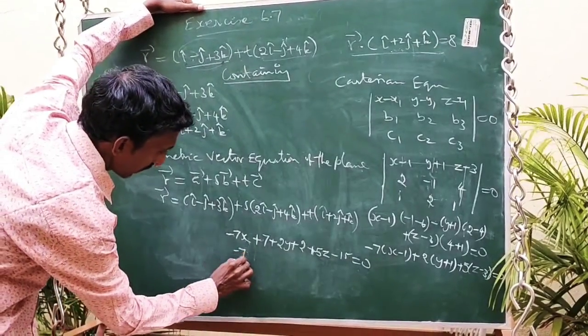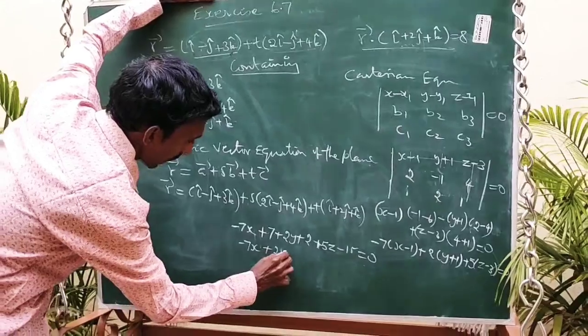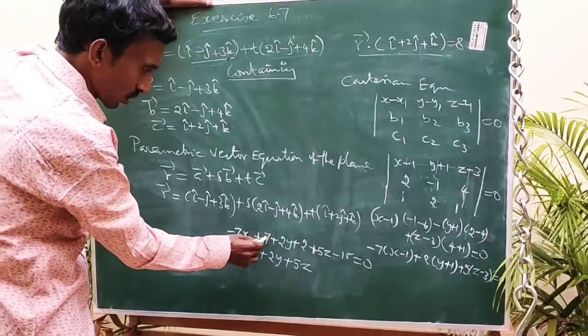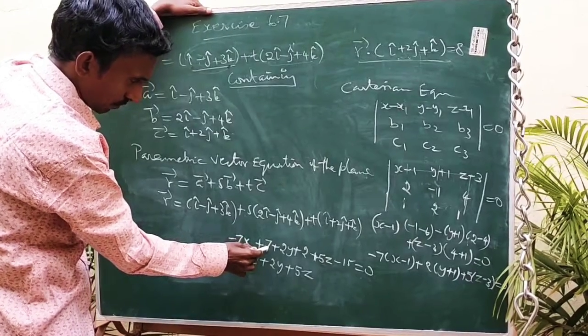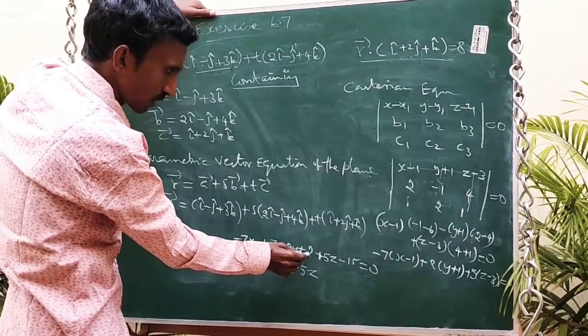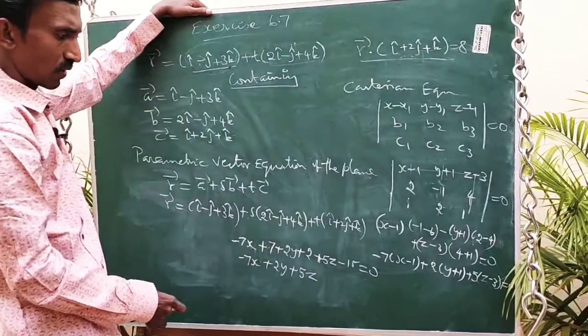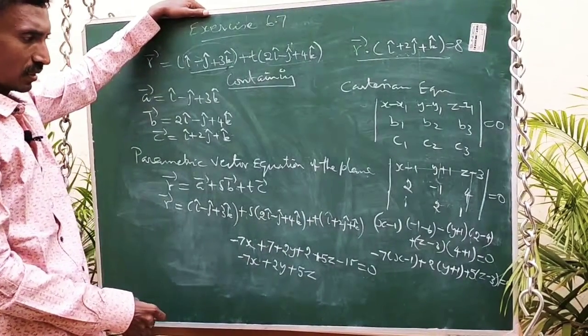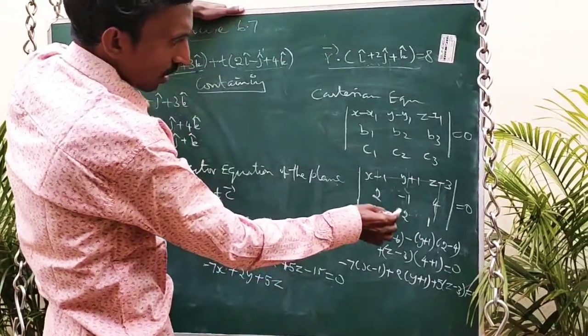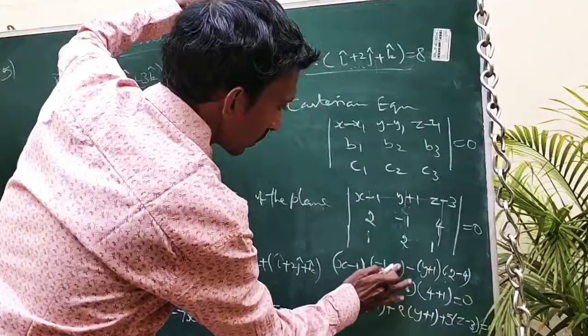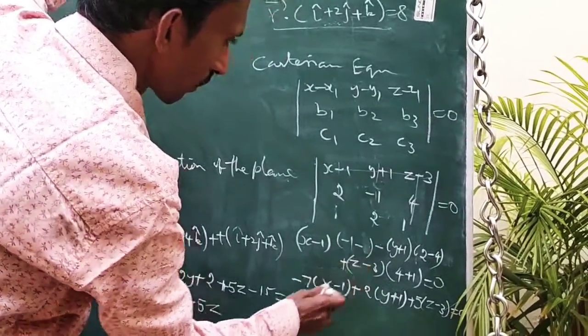So minus 7x plus 2y plus 5z. Combine the remaining constant values. So here 7 plus 2, 9 minus 15. So what are we getting? Check it once again. So minus 1, sorry, here, what is that?